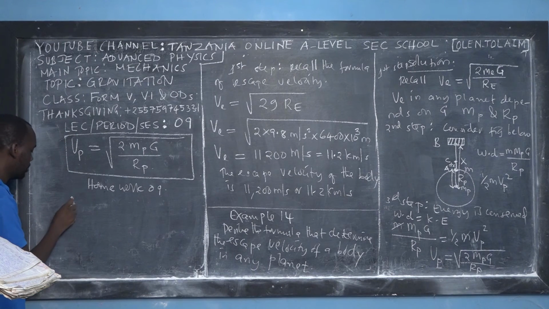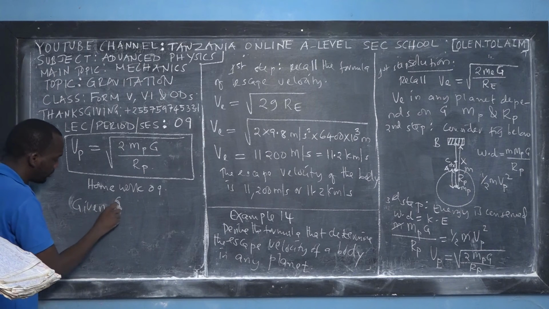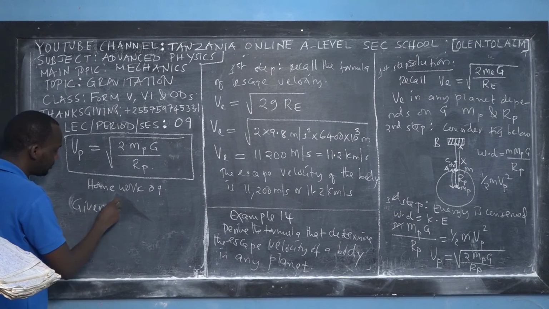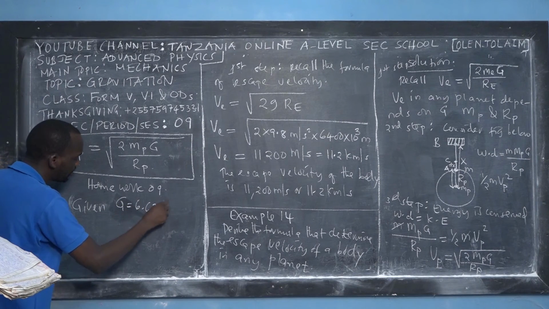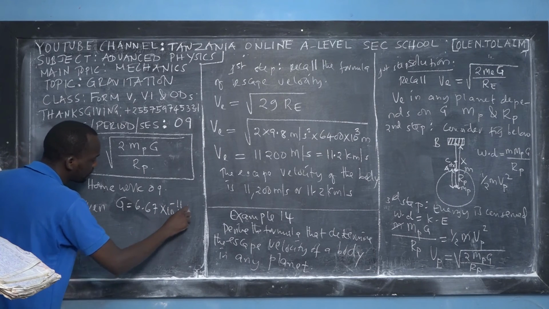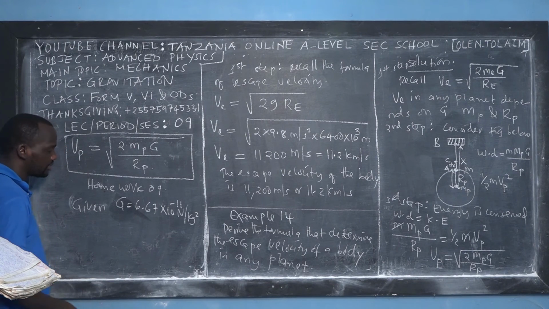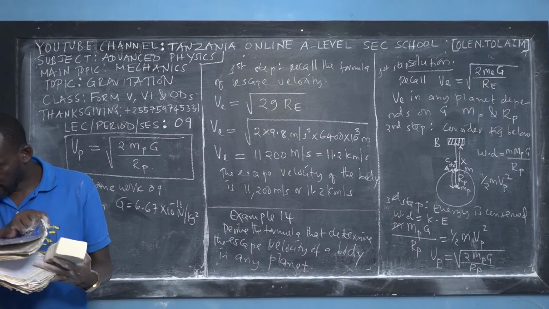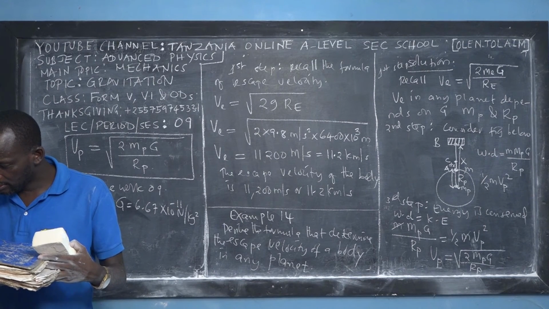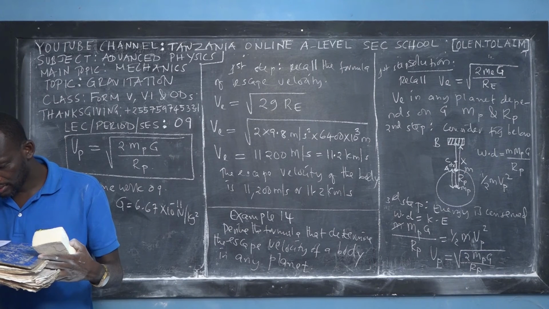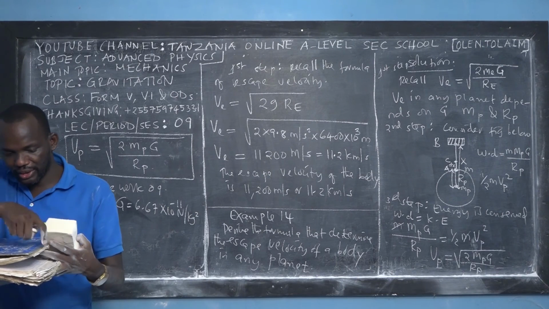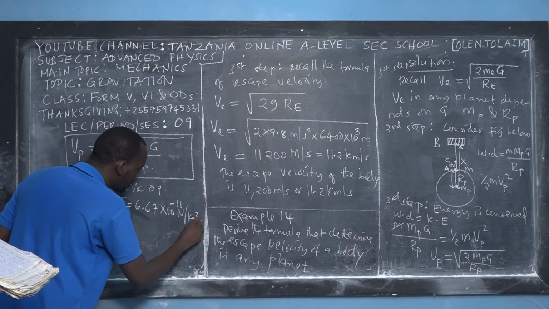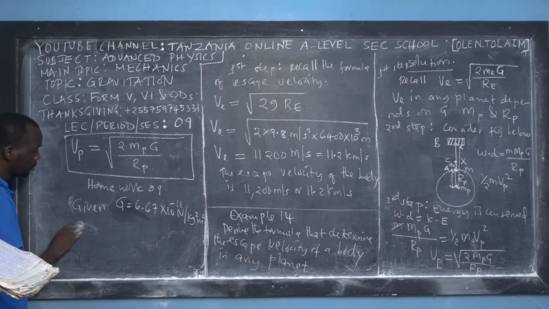We say: given the gravitational constant G, 6.67 times 10 to the negative 11 newton meter squared per kilogram squared. Then you are given the mass of the Earth. I taught you how to derive it.